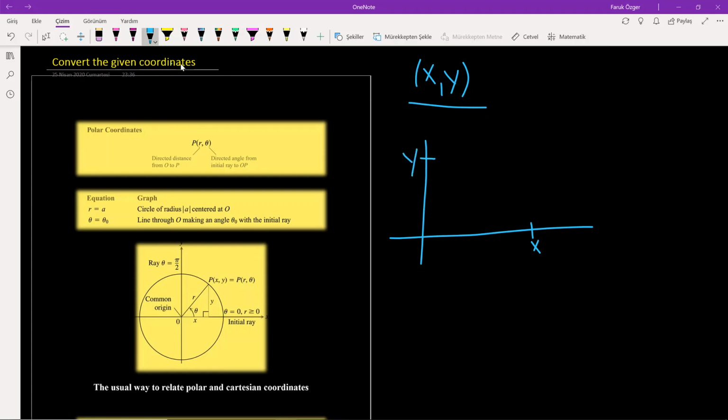So it is the way to define the position of an object in the xy coordinate system. Okay? So what about the polar coordinate system?